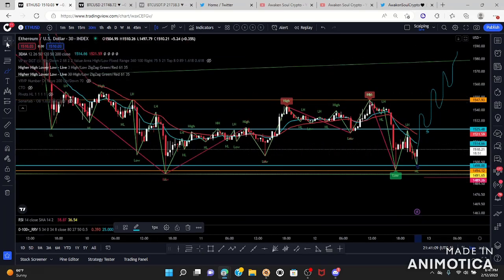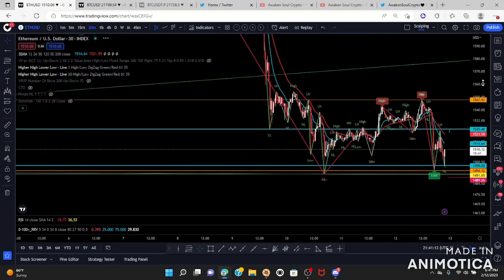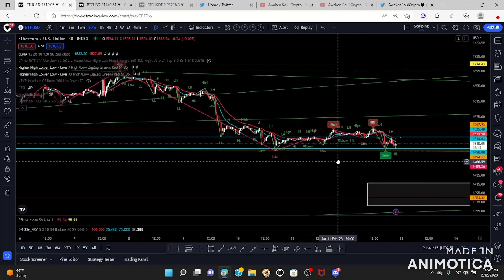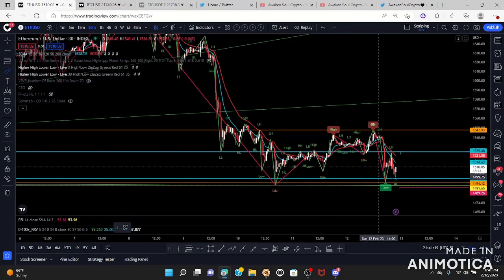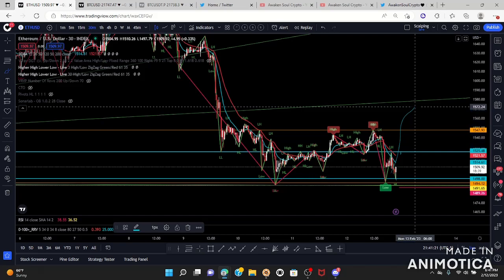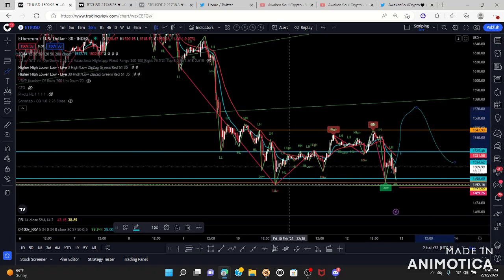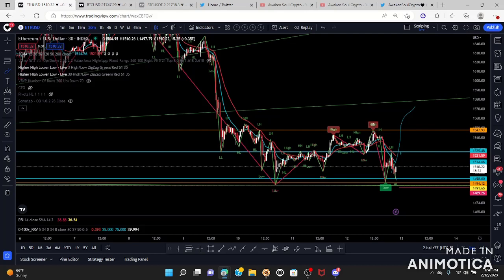I do not trade against the trend, so even if this were to break up, I'm gonna wait for it to do whatever it needs to do, because I just don't trust the charts, and then short again, right? The higher it goes, the better entry I will have for my short.